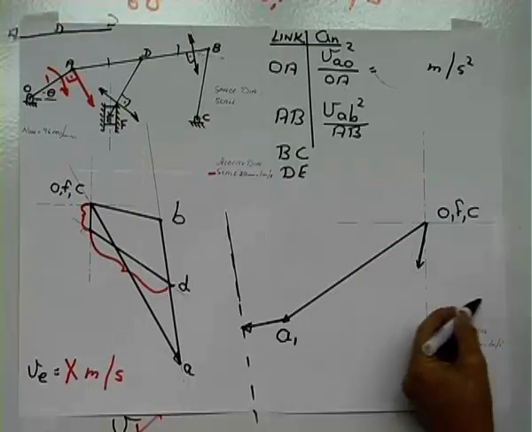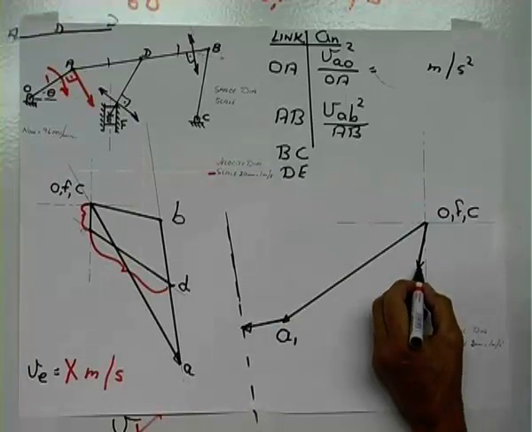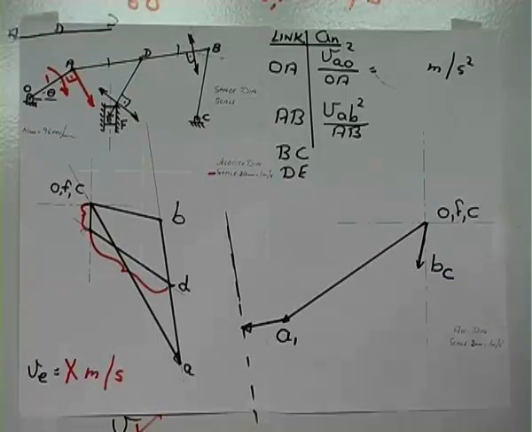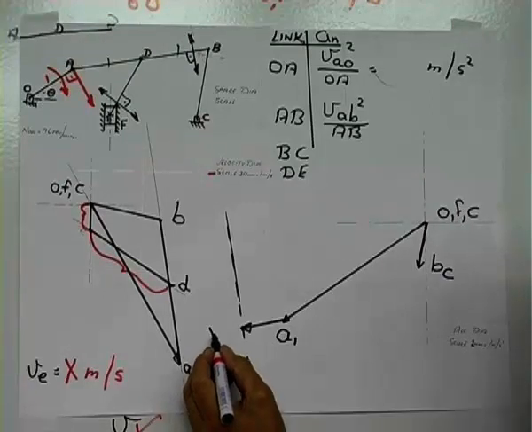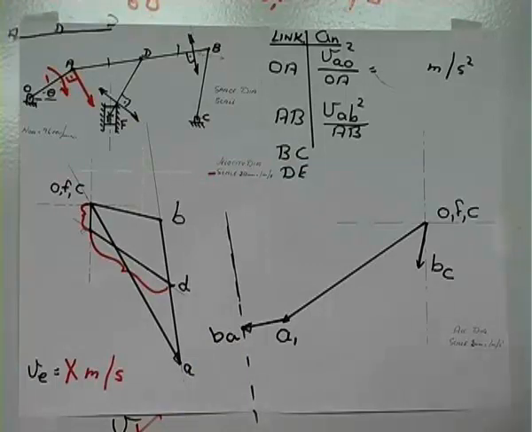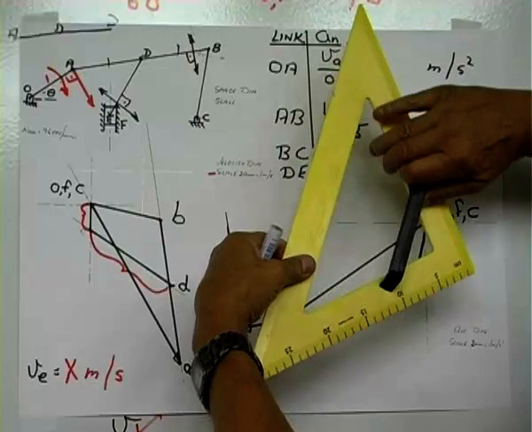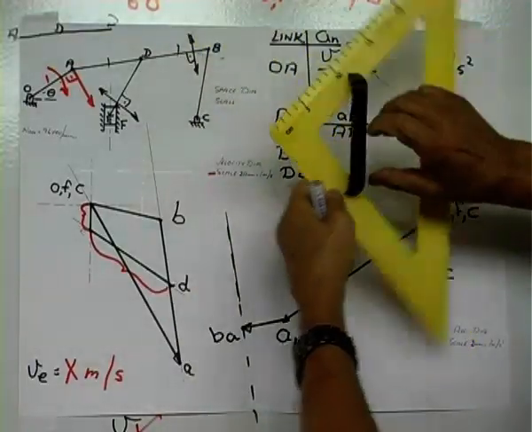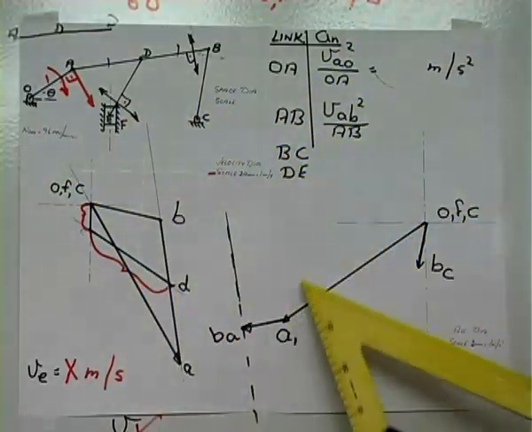We still need the magnitude of the tangential acceleration. That point we can name B relative to C. Also, this one we can say is B relative to A. Now, draw a line perpendicular to BC.